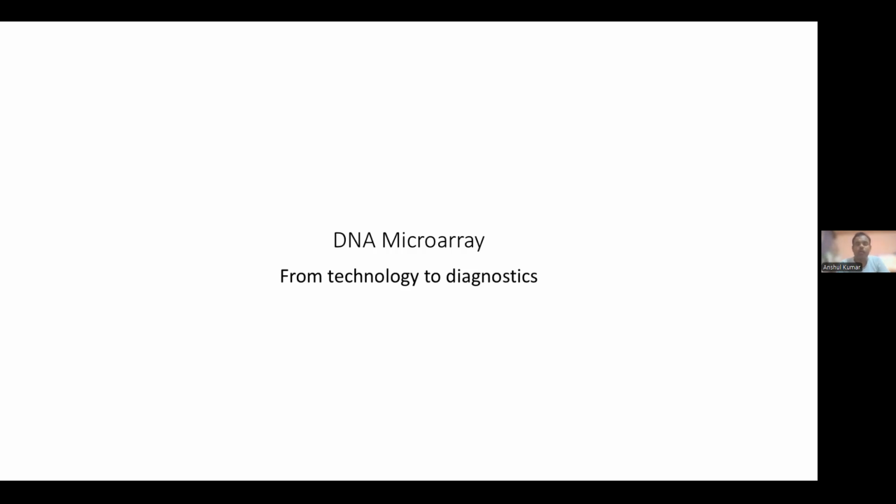One thing more I would like to add: what is the importance of all these molecular diagnostic techniques? Now, after the completion of the Human Genome Project, we came to know the entire sequence of the human genome.